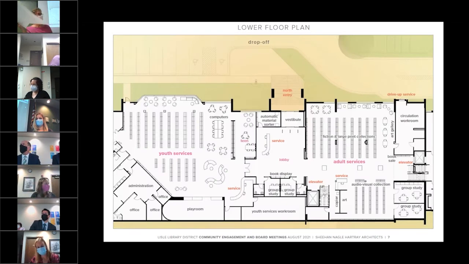Yes. When we have a large program, like our Harry Potter or whatever, are we saying we're going to use the group study rooms? It's all totally open, or is it just where? So right now, while we're having a large program going on in a large room, people can still go up and use youth services.